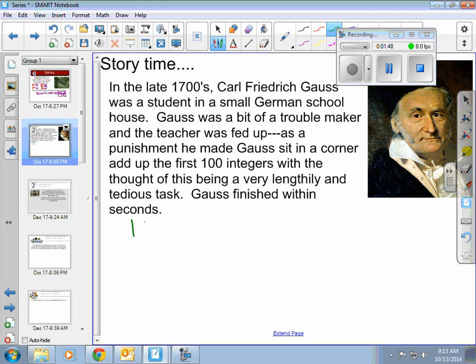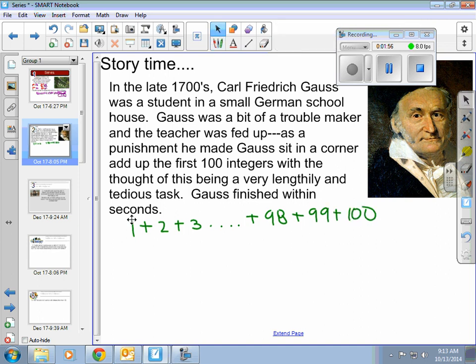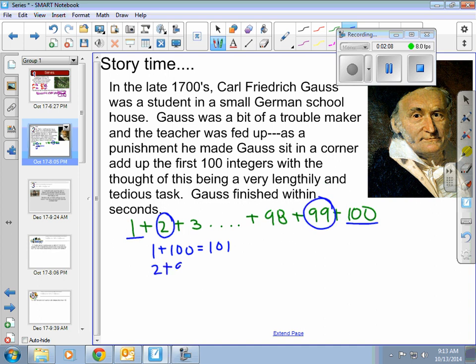Gauss was a pretty smart kid, and what he noticed was that if I need to take 1 plus 2 plus 3 plus all the way up to 100, if I take 1 plus 100, that gave me 101. If I take 2 plus 99, that gave him 101.